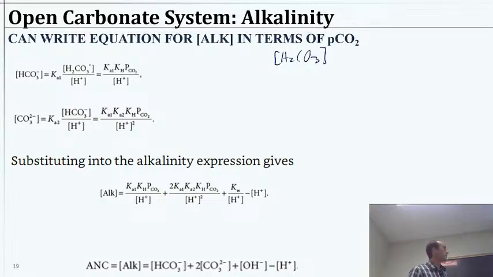We can see that if we take our bicarbonate and define it as in equilibrium with HCO3 over H plus, so we basically take our Ka1, which says it's products over reactants, we rearrange to solve for HCO3 minus. We get HCO3 minus equals Ka1 times H2CO3 divided by H plus. From there, we could substitute in the Henry's law, right? The KH times the pressure.